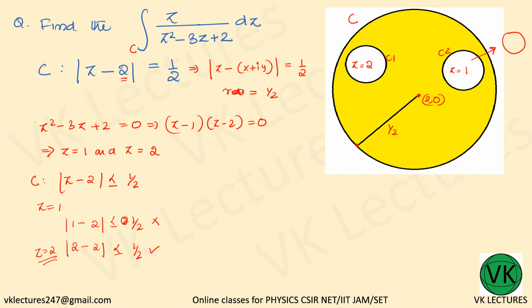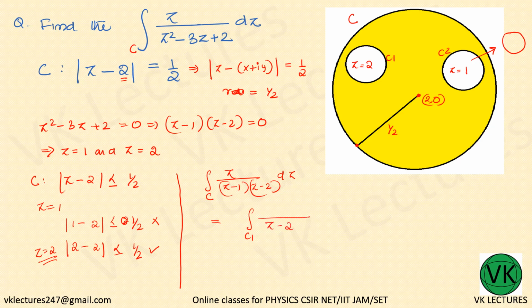Now we can integrate. The integral of z divided by z minus 1 into z minus 2 dz over C is equal to the integral over C1 at z equal to 2. So z minus 2 will be in the denominator, and in the numerator we have z divided by z minus 1, dz.